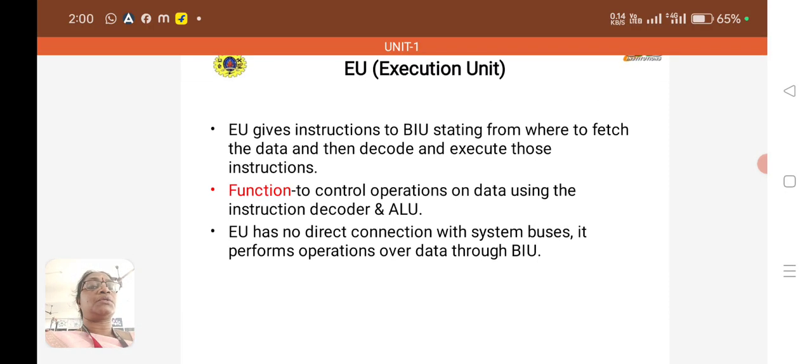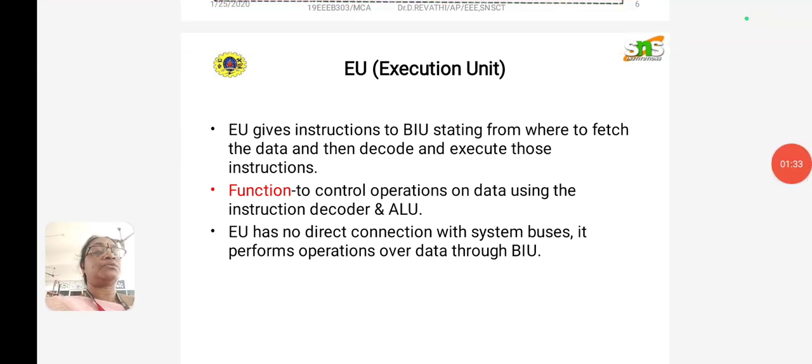The execution unit gives the instruction to the BIU about where to fetch the data, and then decodes and executes those instructions. Its function is to control operations on data using the instruction decoder and ALU.